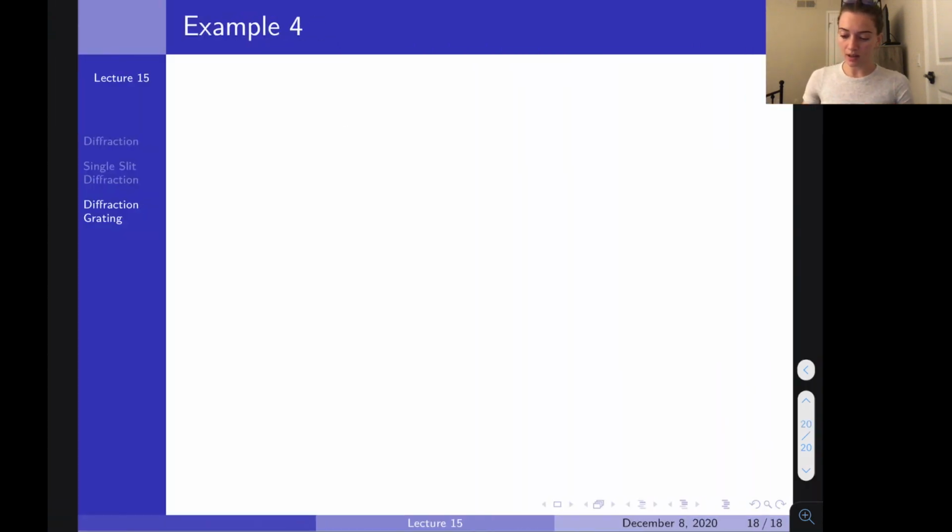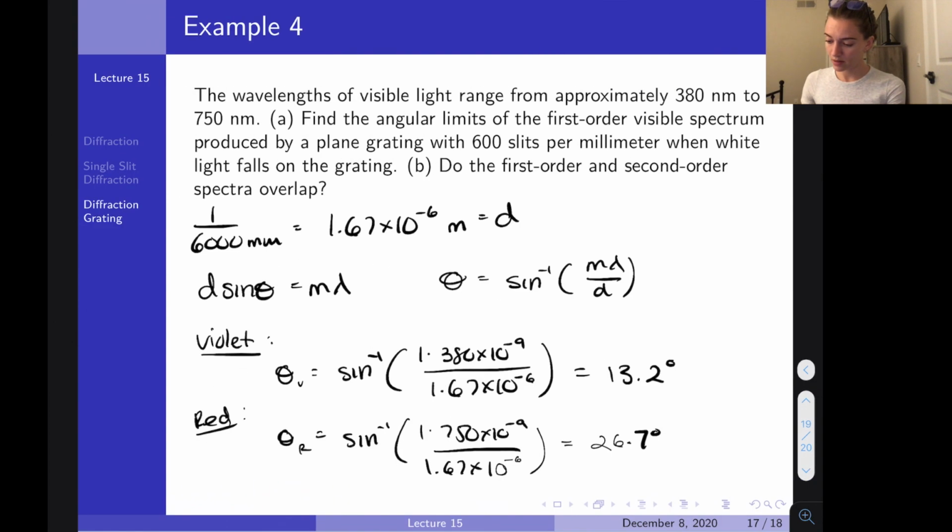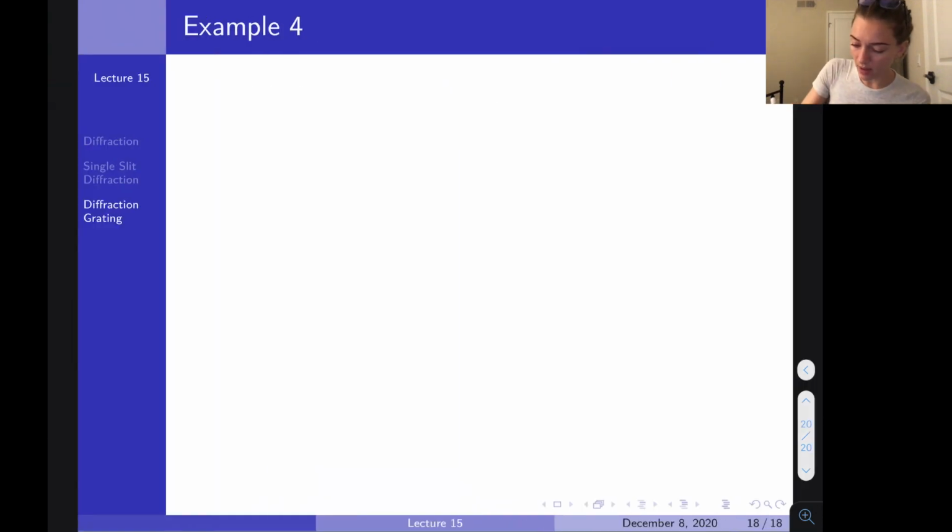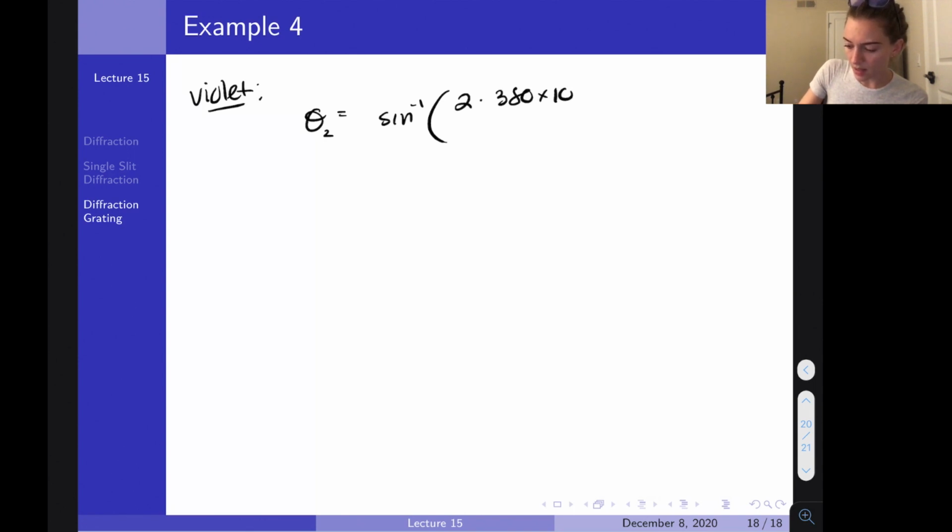So let's find the second order. We'll do violet again. So theta 2 is sine inverse of 2 times 380 times 10 to the negative 9 divided by 1.67 times 10 to the negative 6, which was the d.